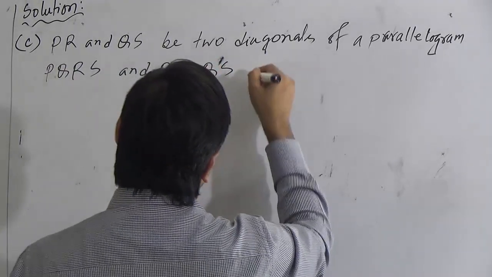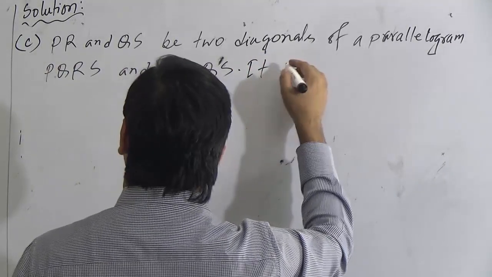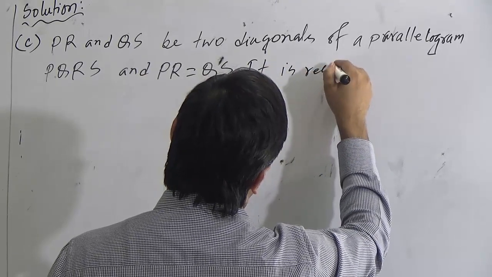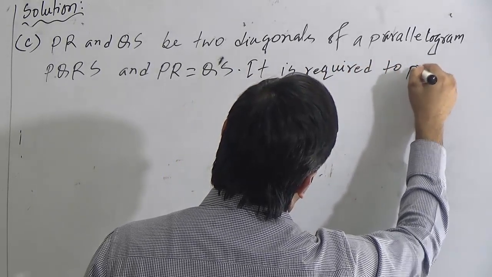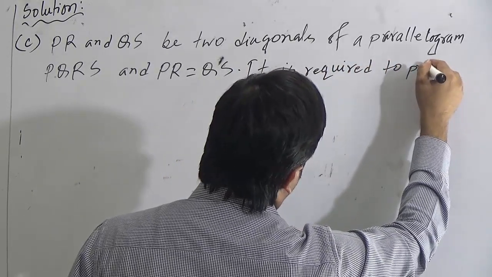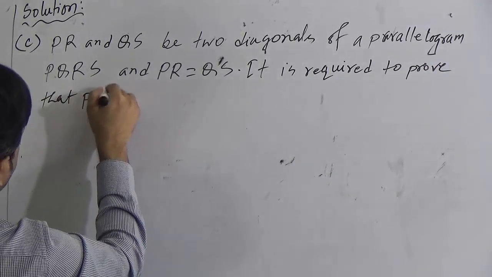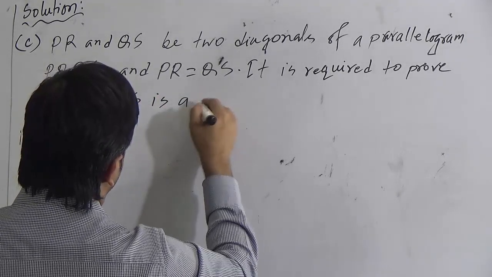It is required to prove that PQRS is a rectangle.